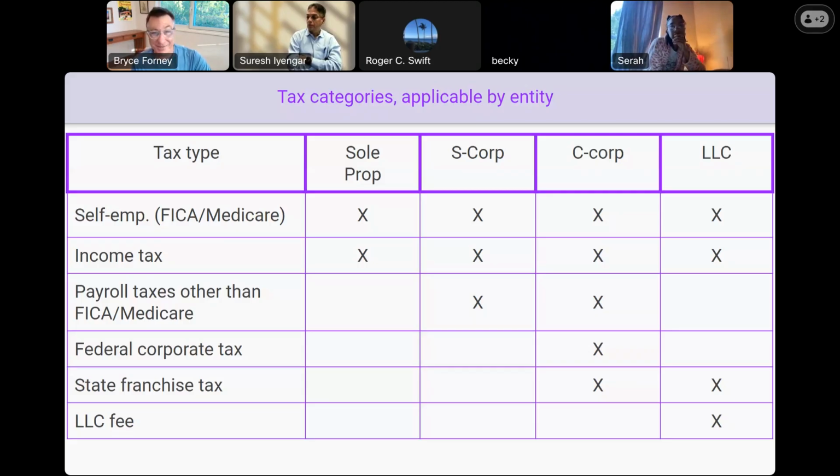They're not significant, but they are additional taxes. So those apply to S Corp and C Corp. And then if you are a C Corp, if you don't elect to be taxed as an S corporation with that Form 2553, then the income of the corporation is going to be subject to federal corporate tax and state franchise tax.